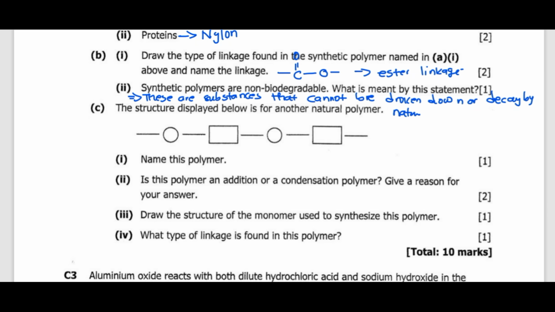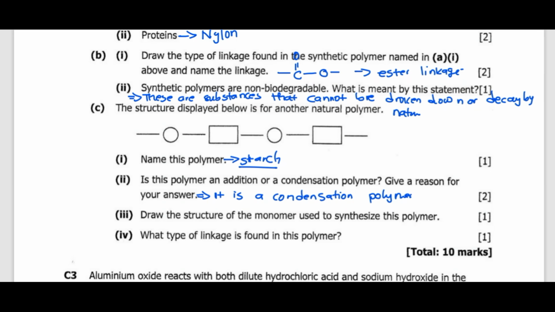Question C. The structure displayed below is for another natural polymer. Name this polymer. So this is a starch, or if you want you can just say carbohydrate. Then is this polymer an addition or condensation polymer? Give a reason for your answer. So it is a condensation polymer. Why?